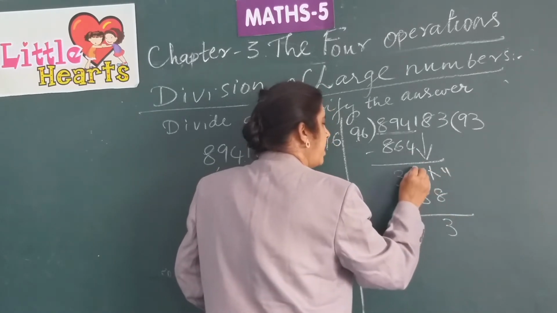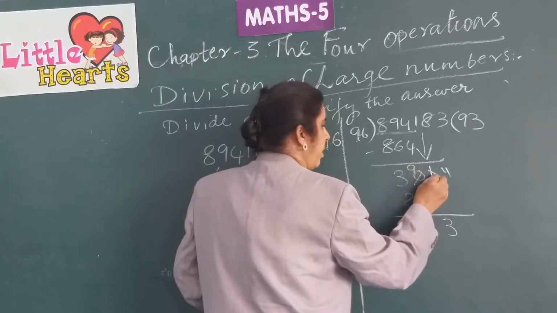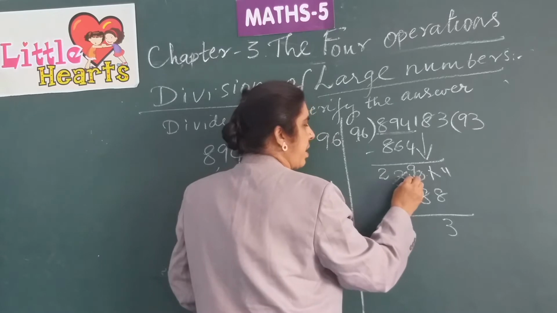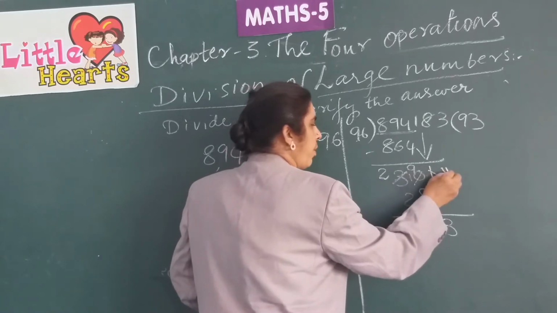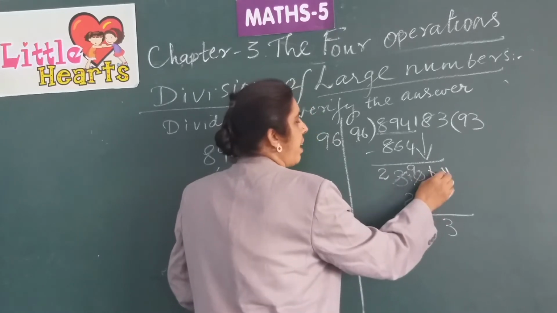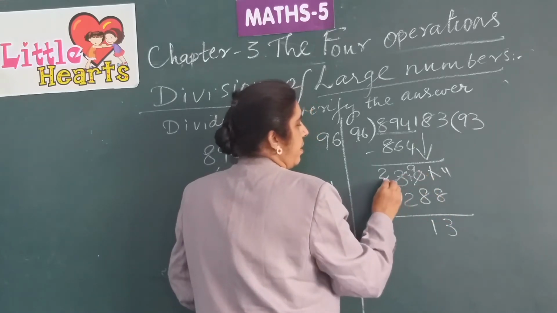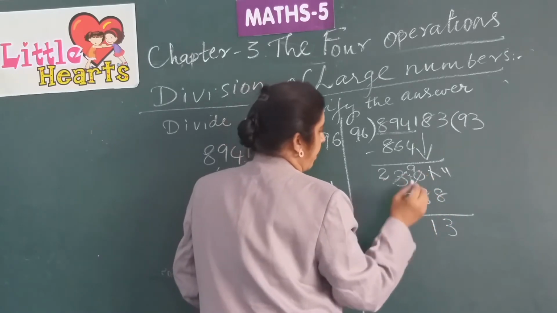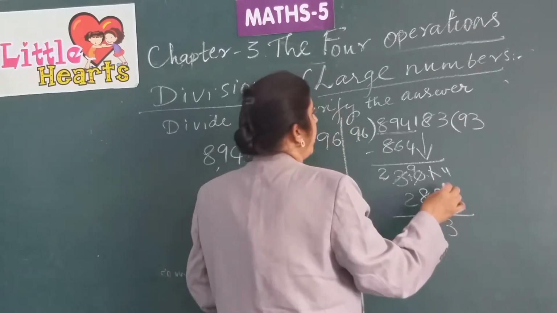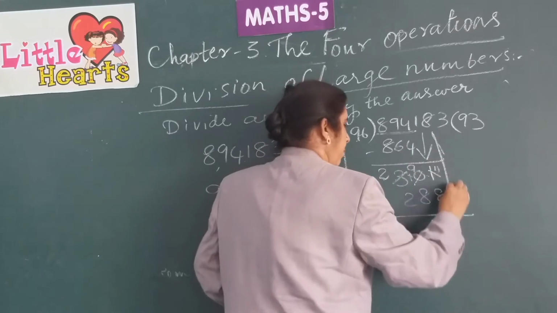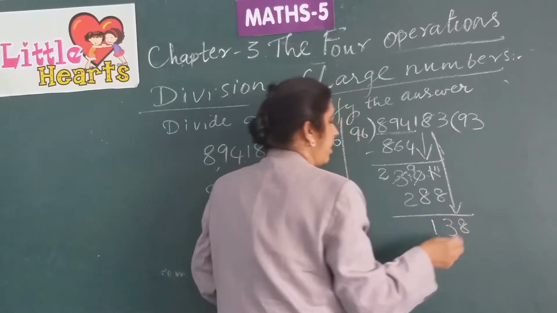This becomes 9 as we have borrowed 1. This becomes 2. From here we have borrowed, it becomes 10. From here we have borrowed, this becomes 11. 11 minus 8 is 3. 9 minus 8 is 1. 2 minus 2 is 0. 13 is left over, and bring down 8.